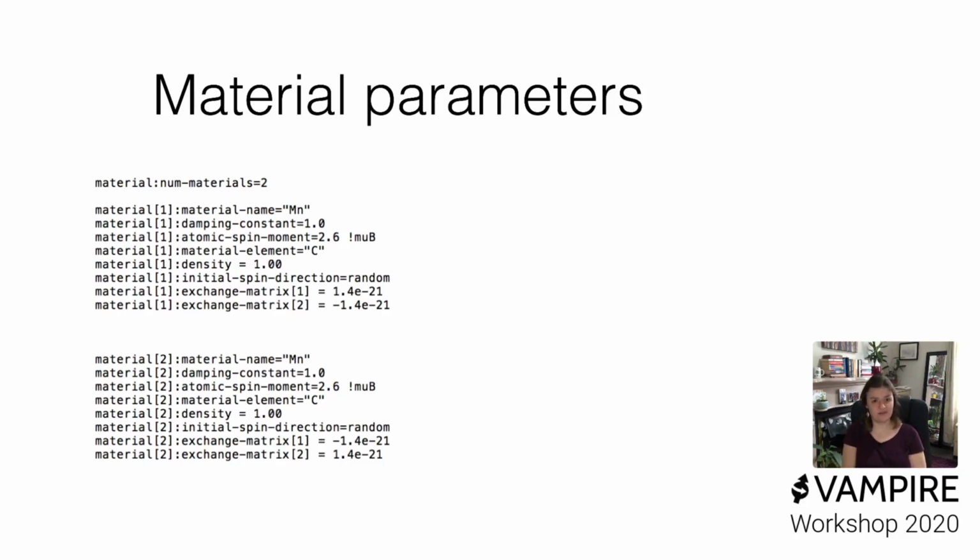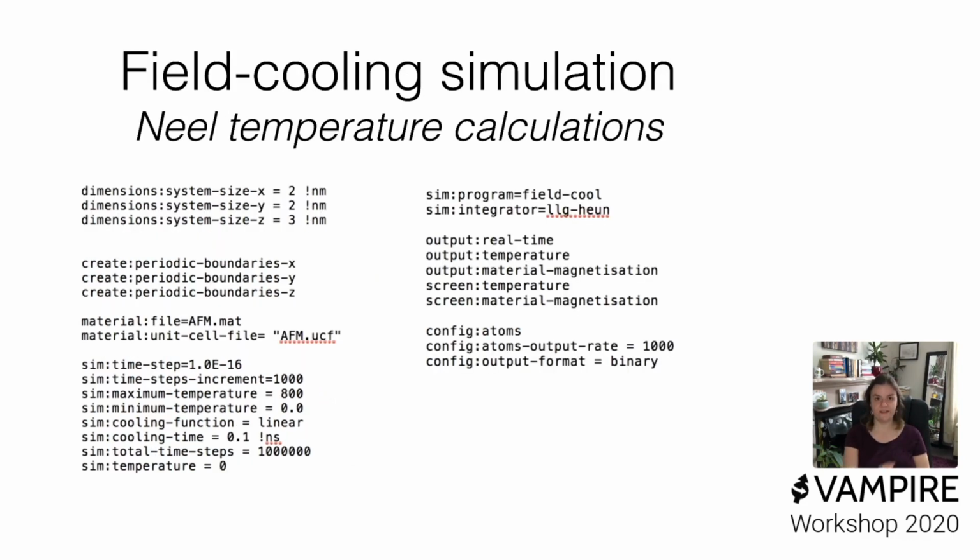So I've just set the damping constant to 1, spin moment 2.6, the initial spin direction to random, and then I've set a ferromagnetic exchange between atoms in the same sublattice and an antiferromagnetic exchange between atoms in different sublattices. So this can be seen from the negative exchange between material 1 and material 2, and material 2 to material 1.